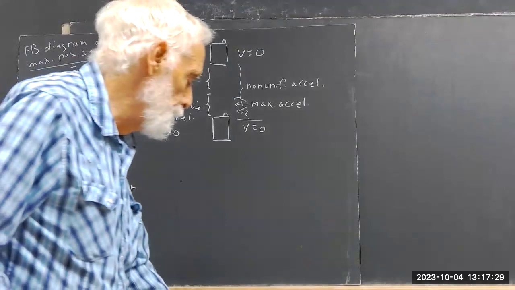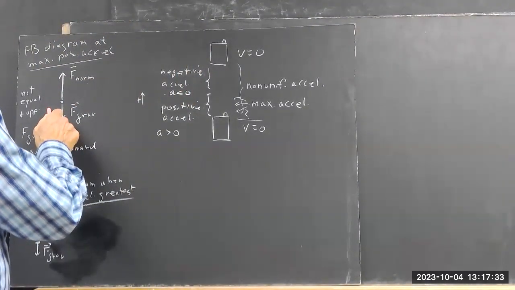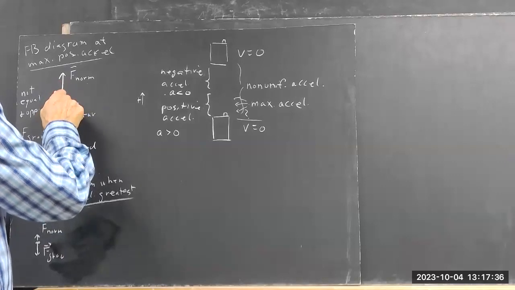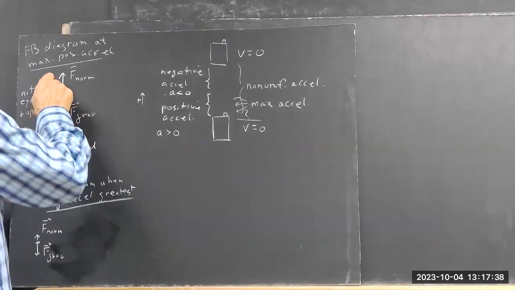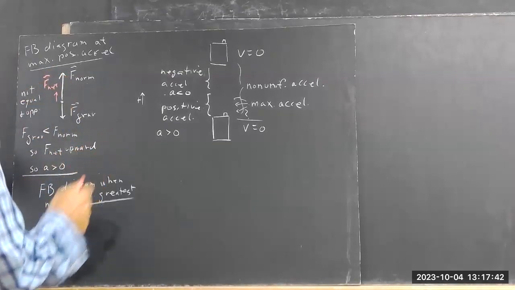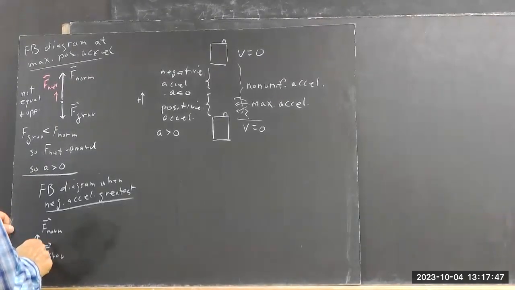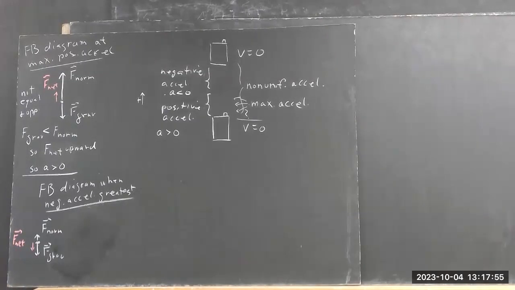So that your net force up here is upward, so your acceleration is going to be upward. And down here, F net is downward. One's going to speed you up, the other is going to slow you down, assuming you're moving upward.